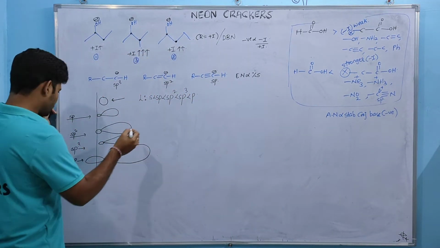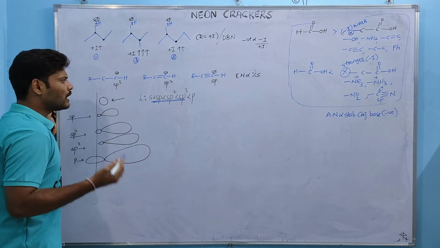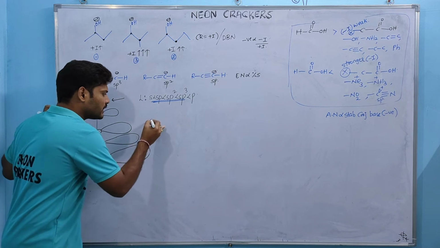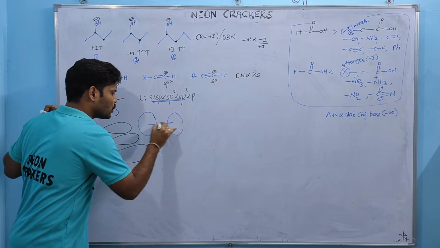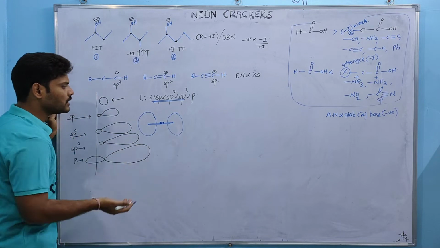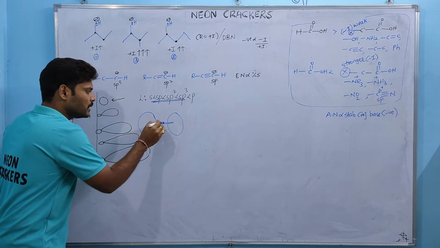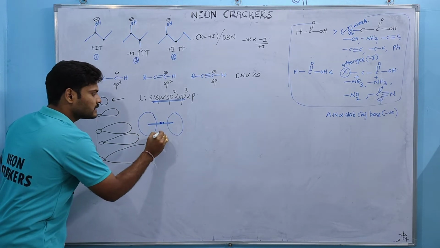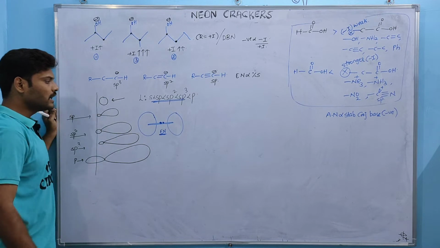Now we are discussing the electronegativity trend among hybrid orbitals. What is electronegativity? If you take two atoms connected by a covalent bond, the tendency of attracting the bond pair of electrons towards one of the elements is called electronegativity.